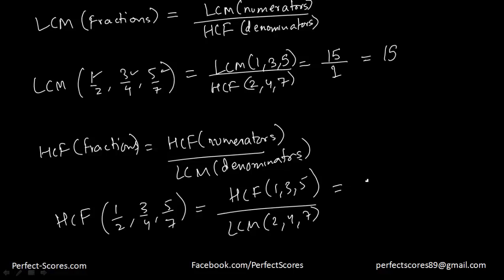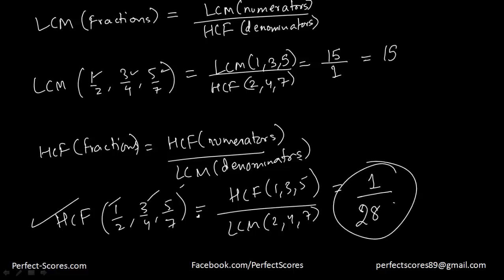So this is going to be equal to 1, and this over here is going to be equal to 28. So that means this is the HCF of these three fractions. Fine. So I suppose you're understanding this point over here, guys.